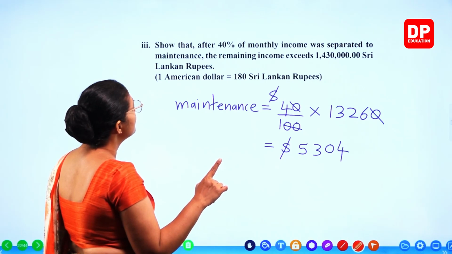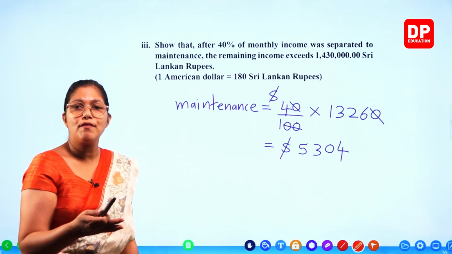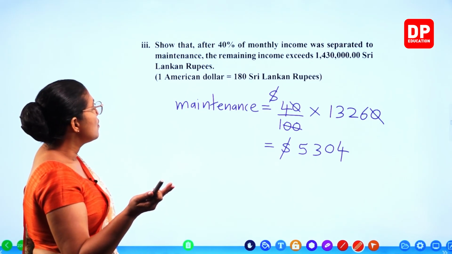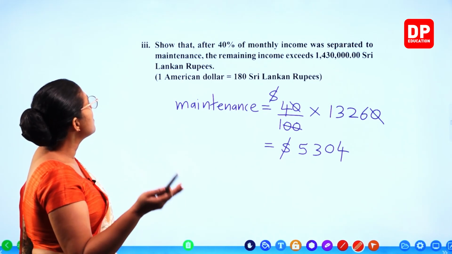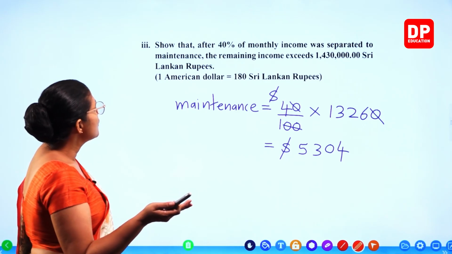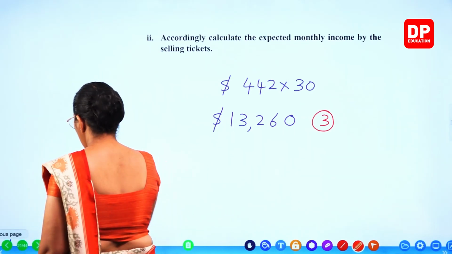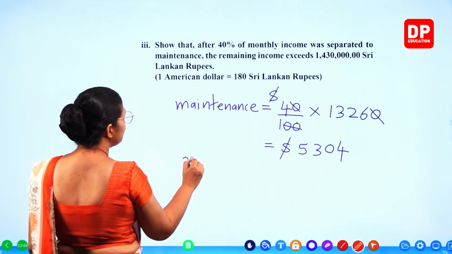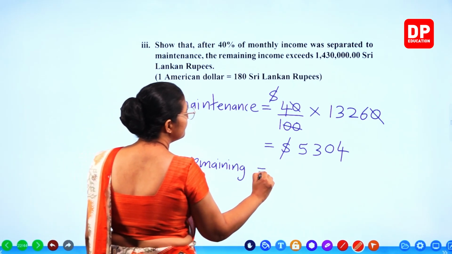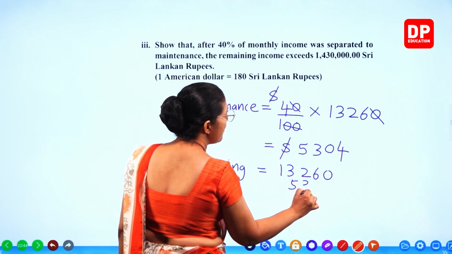And the remaining income exceeds this one. So straight away we can find the remaining. How are you doing that? Without taking 40%, you can straight away take 60%. Or you can subtract from the whole value. So we can subtract 13,260 minus 5,304.